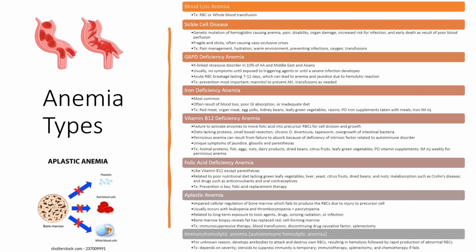It can be related to long-term exposure to a toxic agent or a drug, ionizing radiation, or infection. So sometimes, I can't remember the virus, but exposure to some sort of virus can actually lead to and become aplastic anemia if they've had exposure to this virus before.